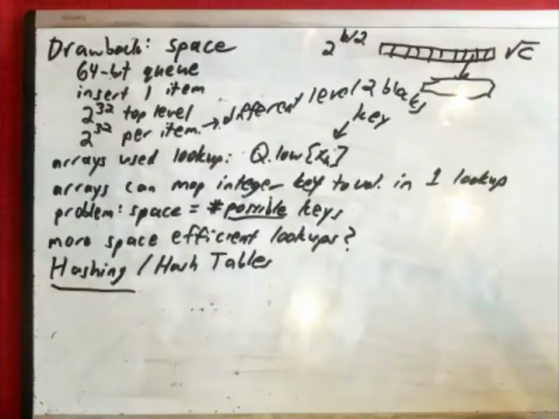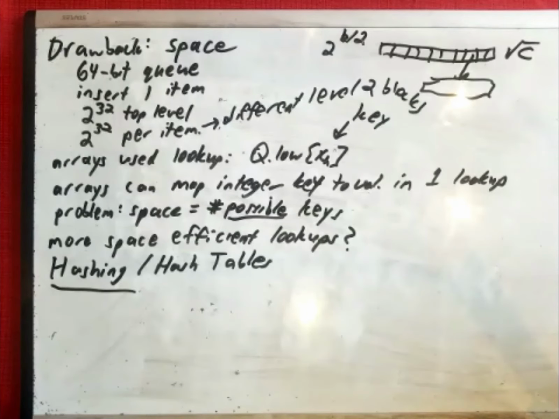If I'm lucky, the first item that I insert, I'm going to have to allocate a level 2 block as well. If I'm lucky, the next key will share that level 2 block, but it probably won't. So I'll have to allocate another level 2 block. And as I insert more and more items, I'm going to be having more and more of these level 2 blocks.